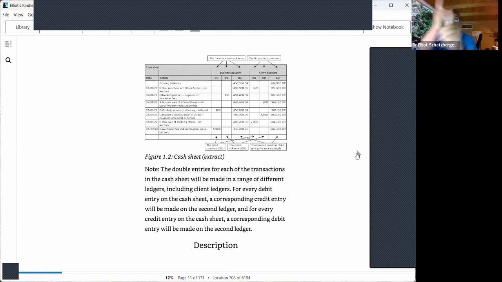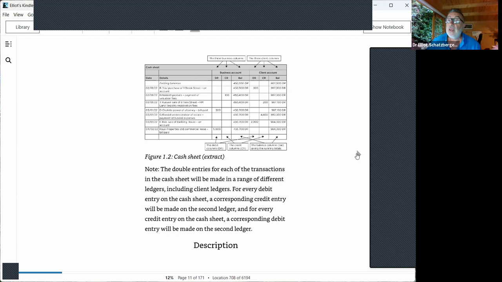So therefore, the opposite rules apply, as I've already said. This would appear as a debit in the cash sheet. But which side? Client or business? Client. It's his money. So again, you can see where the multiple choice questions go. What would the entries look like for Diaz's money on account?